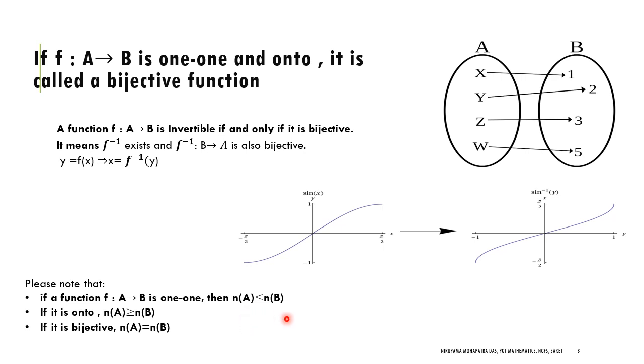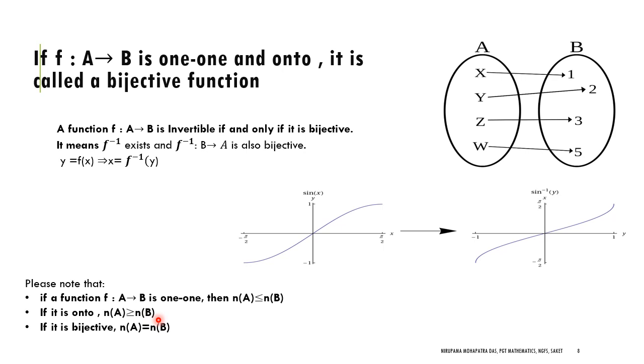You can just draw some arrow diagram and verify this also. If it is onto, then the number of elements in A is greater than or equal to the number of elements in B.